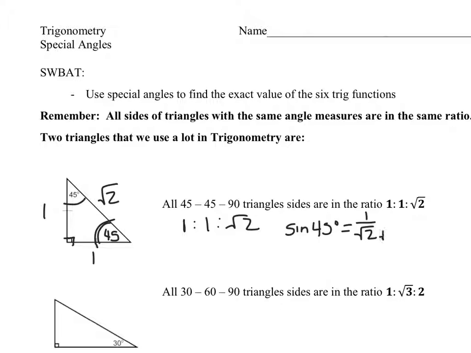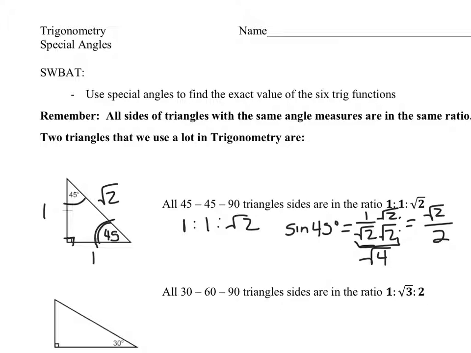You were supposed to talk about this in geometry, but if you didn't, you simply multiply the bottom by the radical that's there. So I multiply the top and the bottom by radical 2, and I'm left with radical 2 over radical 4, so it's radical 2 over 2.